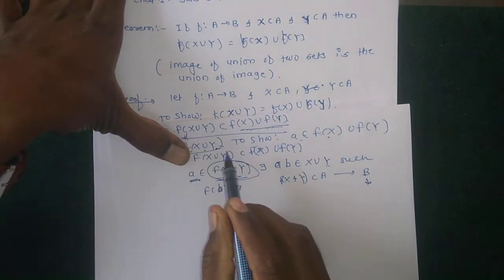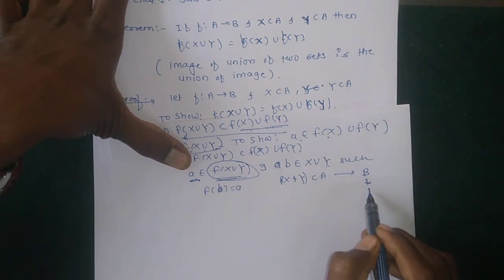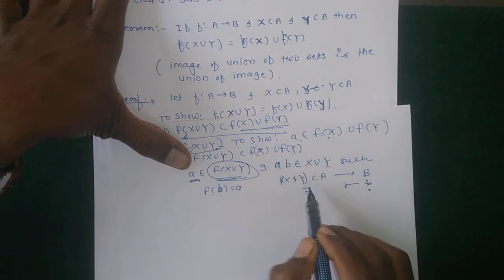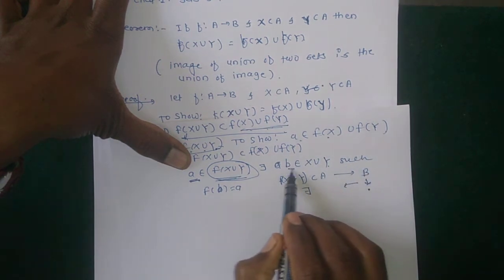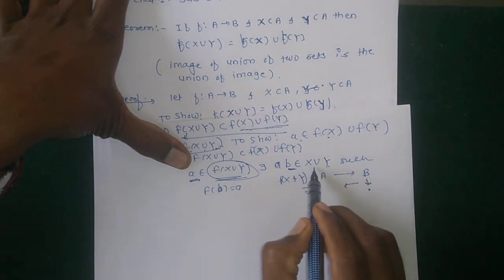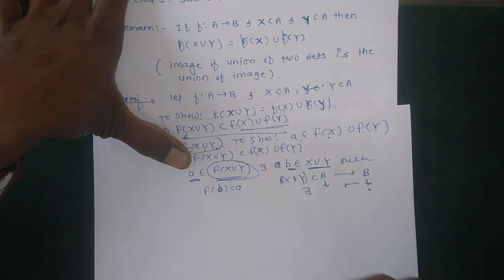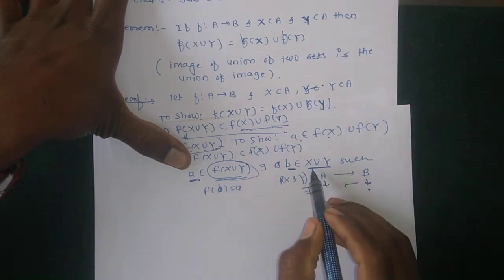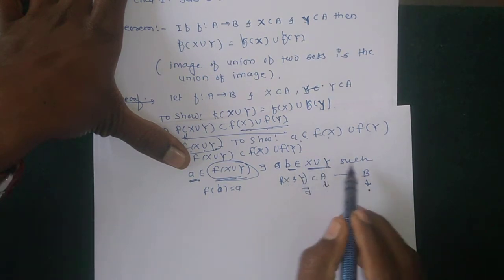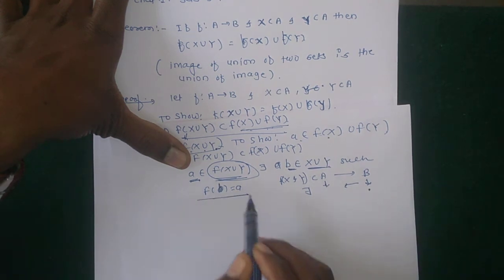Therefore, for any element in the codomain image, at least one element exists in the domain. X union Y is a subset of A, because X and Y are subsets of A. So b belongs to X union Y such that f of b is equal to a.